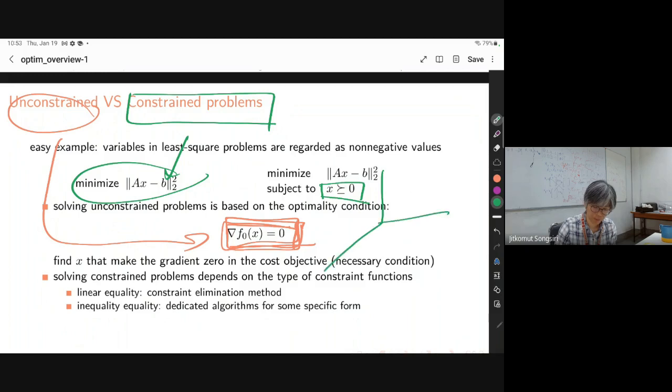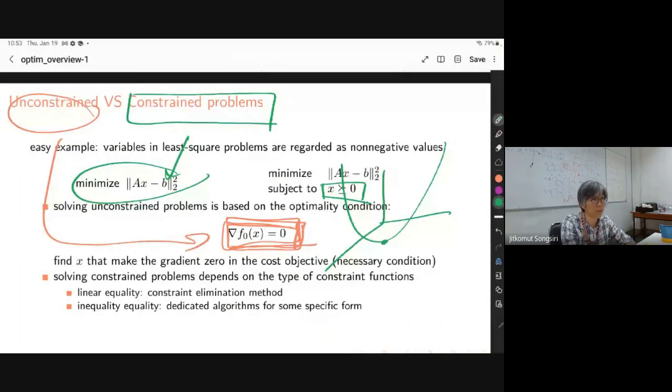The least square objective is convex. It has an upward paraboloid curve. Obviously, if you don't have any constraint, the bottom of the curve is your solution.